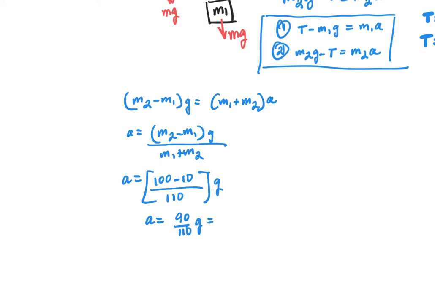It comes out to 90 divided by 110 times 10, which is 8.18 meters per second squared.